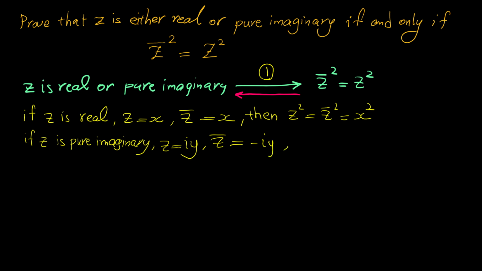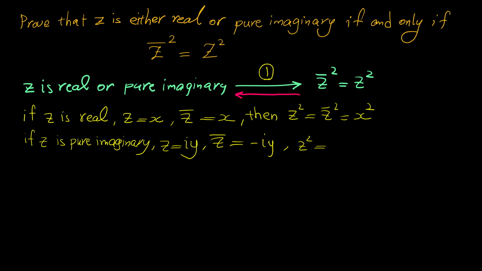Now let's raise both of these equations to the power of 2. What is z to the 2 from here? From this, z to the 2 is i to the 2, y to the 2.